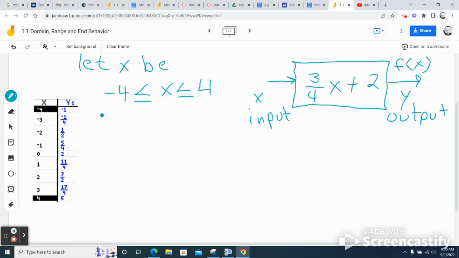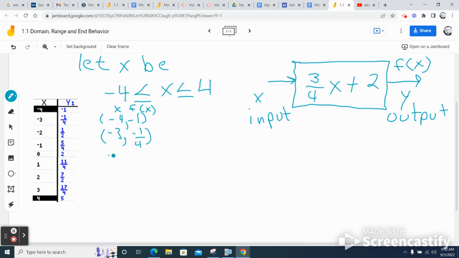What this is saying is that these points, negative 4, comma, negative 1, exist on the graph. That negative 3, comma, negative 1 over 4 exist on the graph, right? These are all the x values, and technically these are f of x.